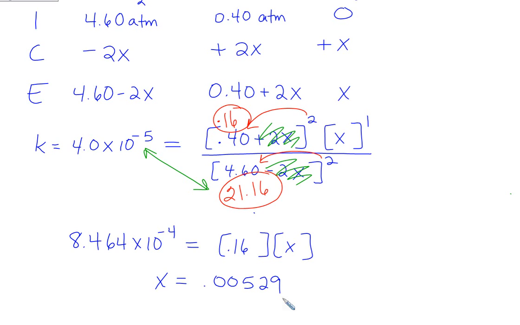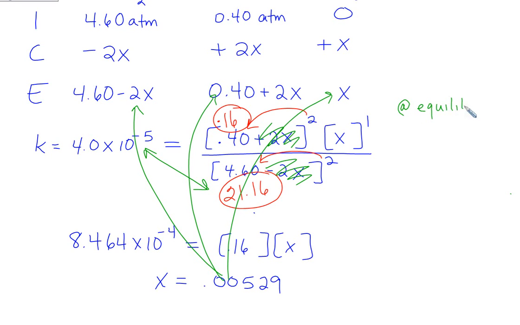Okay, so we're going to plug x back into our equilibrium set. Gosh, that's a lot of arrows, isn't it? So at equilibrium, my carbon dioxide is 4.6 minus 2x. That x is small. Let's just go 4.59.